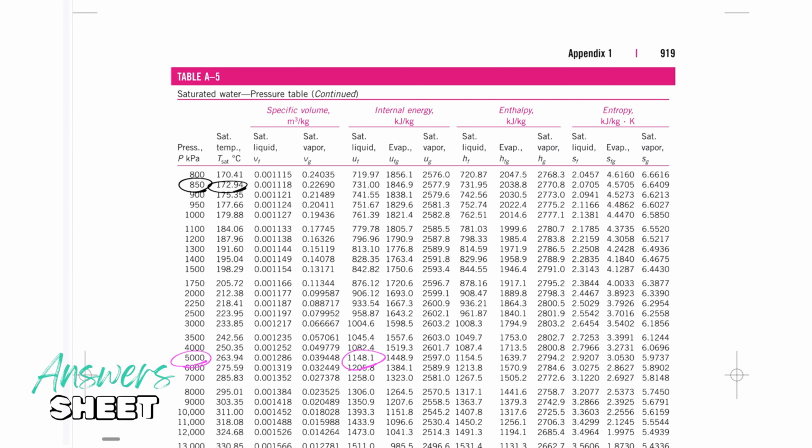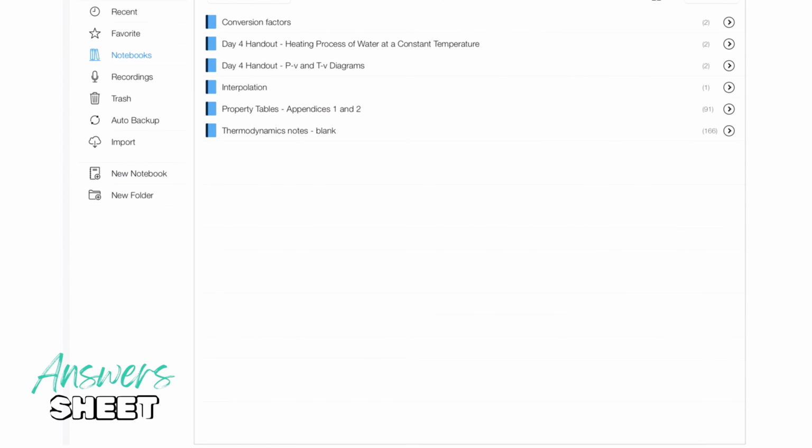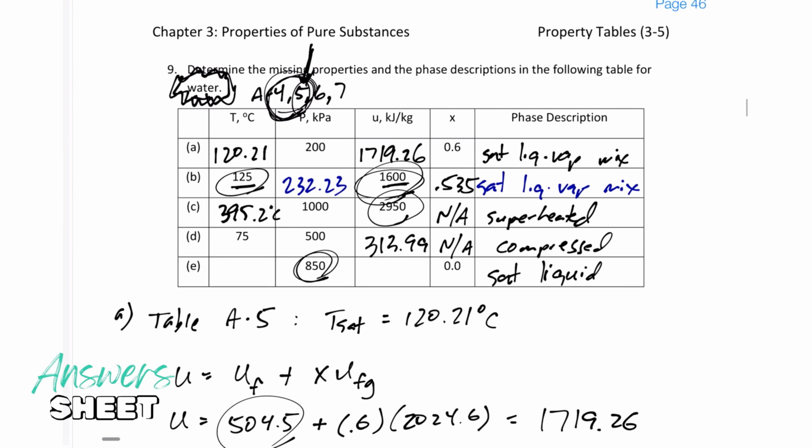Well, the temperature is 172.94. I'm going to write that in, 172.94. And the U, 731.00. So there we go. No calculations necessary. All right, so that was 5 problems in one.